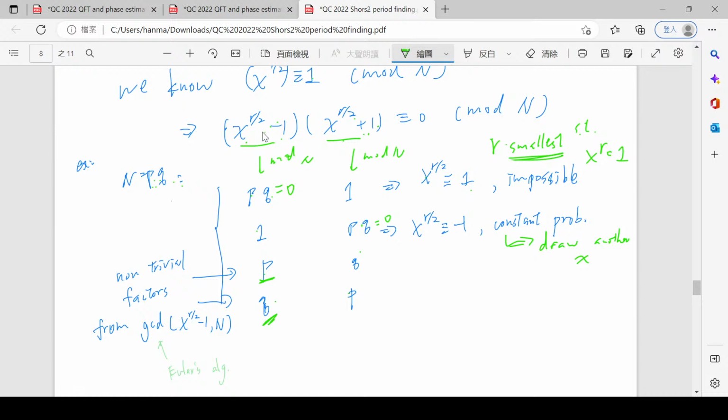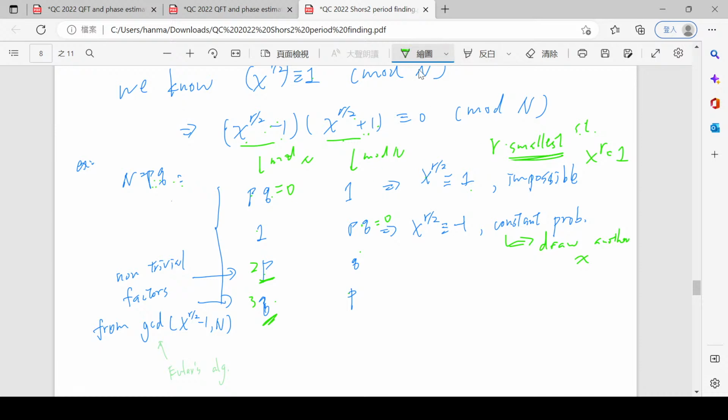Because it is a rough sketch, if you only do a division and get a remainder, you might actually get 2p here or 3q here, and 2p is actually not a factor of n.